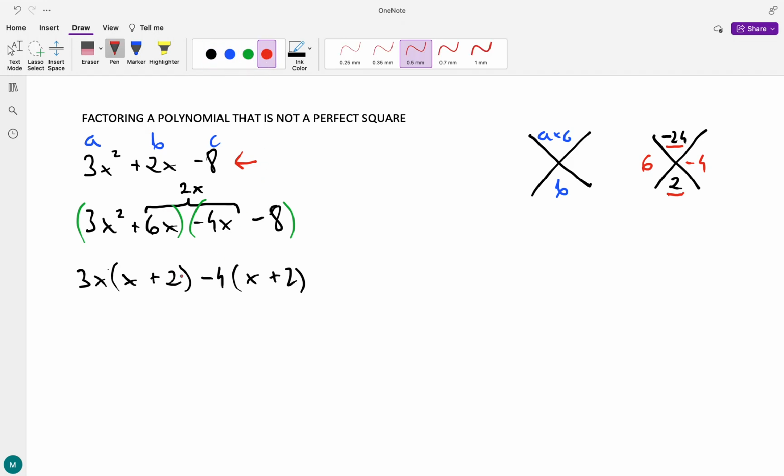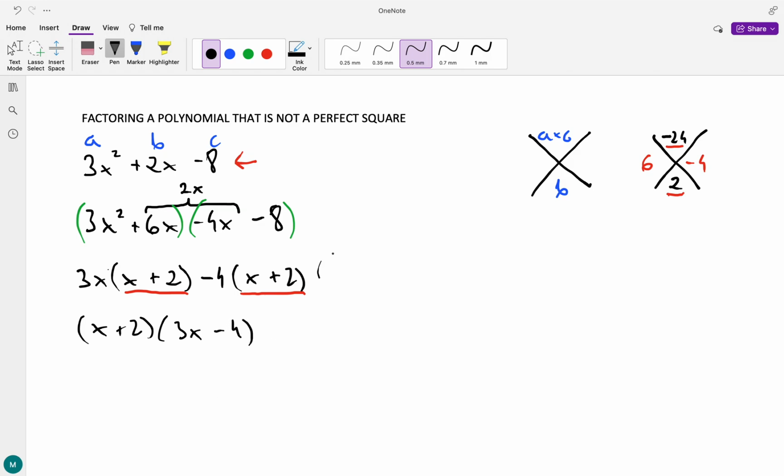So you can see where I'm going with this. Now we can factor out x plus 2, and we are going to end up with x plus 2 times 3x minus 4.